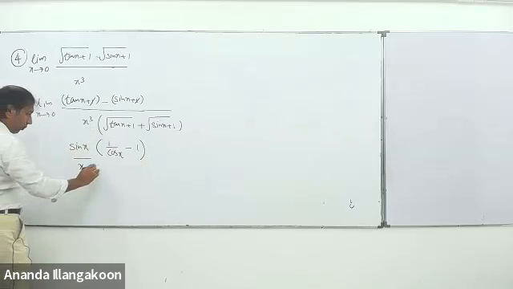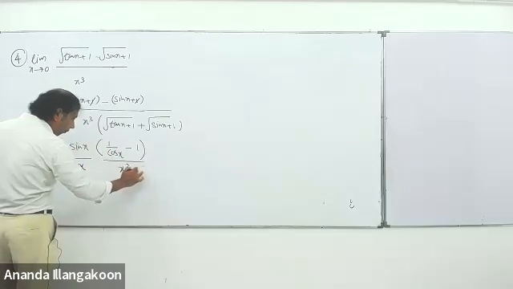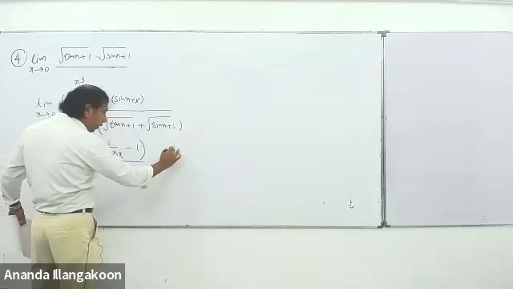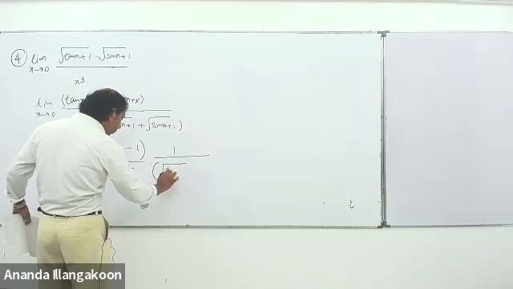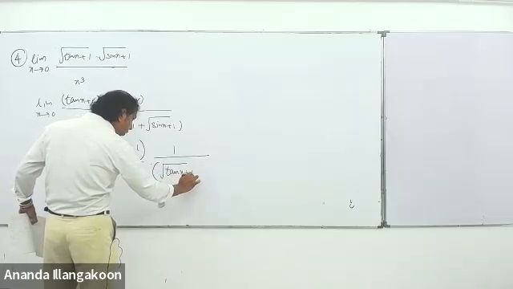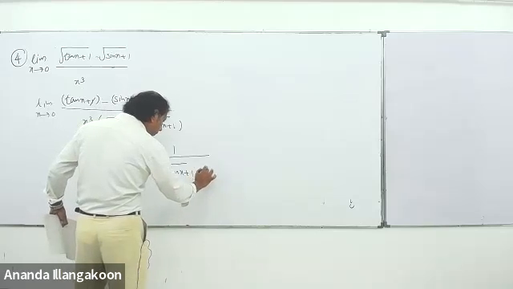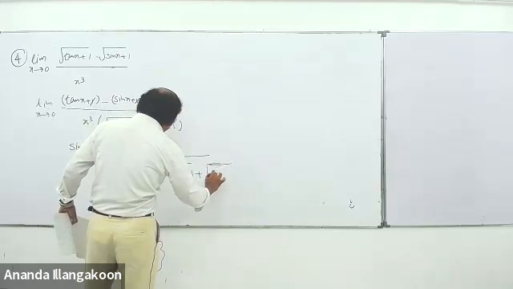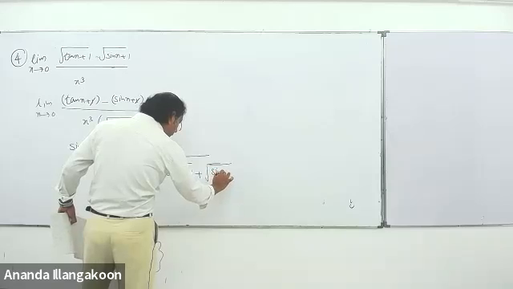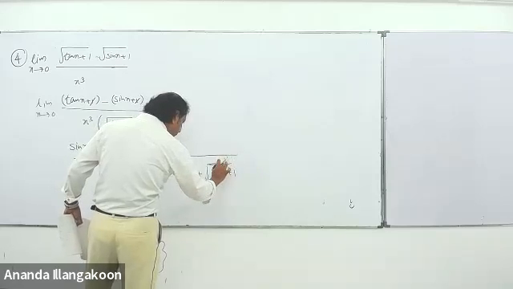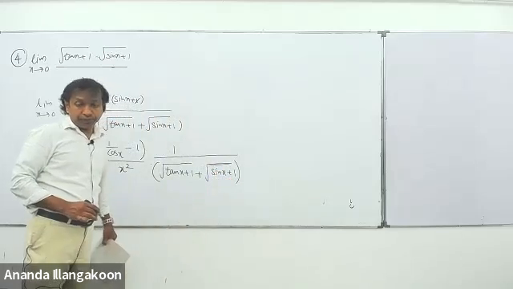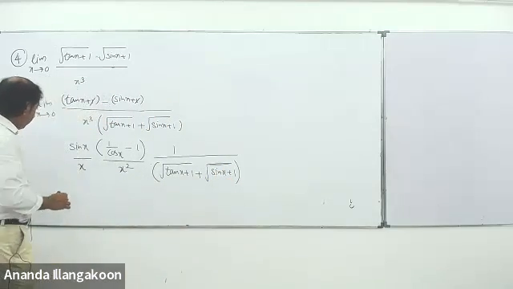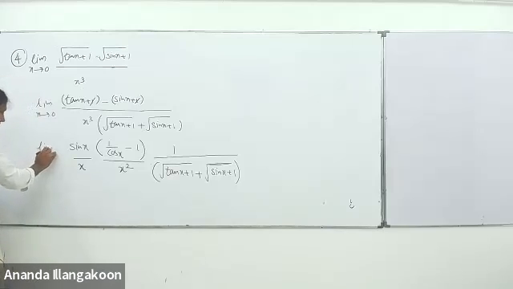Now the x squared we have, that I write here. This one here I write like this: root of tan x plus 1 plus root of sin x plus 1, this way. Right. Now limit x going to 0.